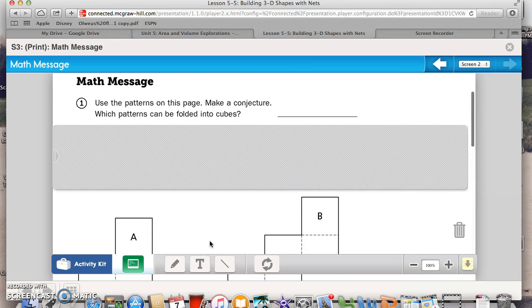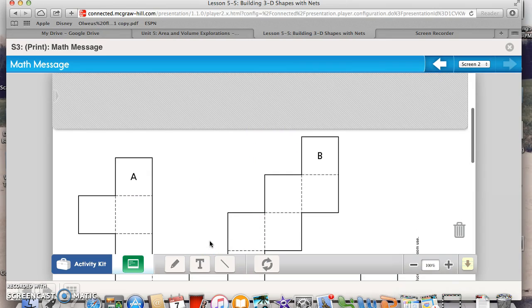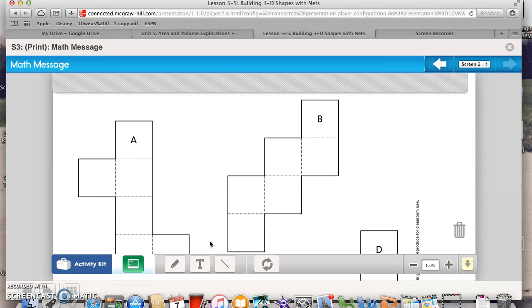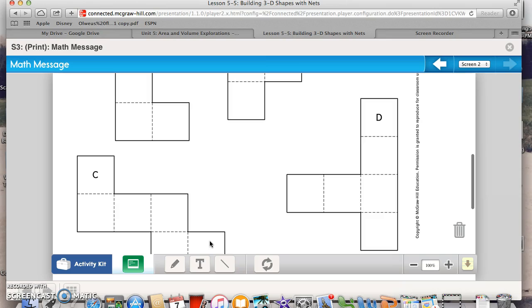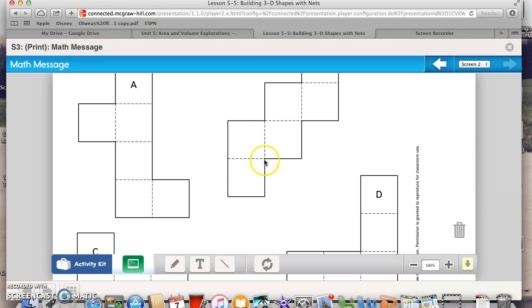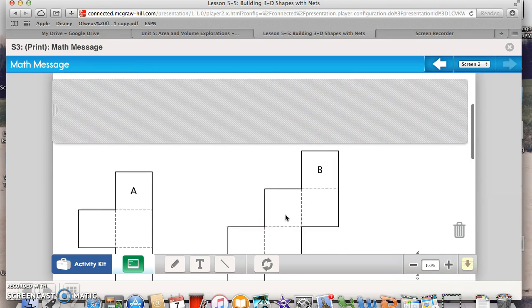Okay, if you're back with me, you should have selected A, B, and C as the 3 figures that you could cut out, fold on the dotted lines, and form into cubes.